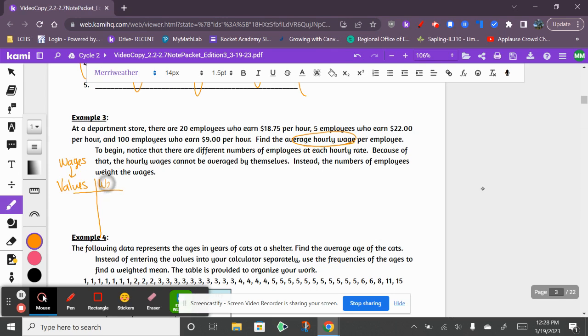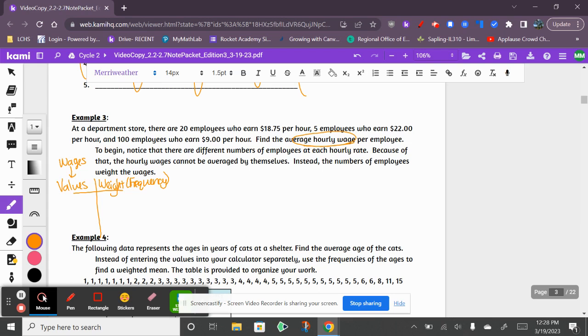The weight is going to be the frequency or the number of people that have that wage. So to begin, notice that there are different numbers of employees at each hourly wage. Because of that, the hourly wages cannot be averaged by themselves. Instead, the number of employees weight the wages.